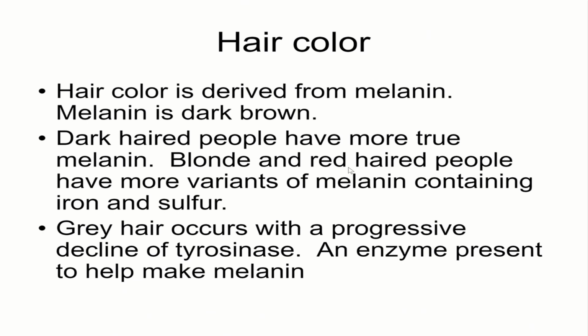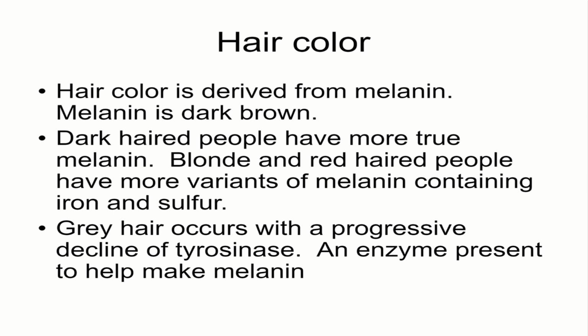Hair color is derived from melanin, and there are some variants to the way melanin is constructed that result in the different hair colors that we see. Melanin in itself is dark brown, and with blonde hair, a component of sulfur has been added to the melanin, which produces that blonde color.